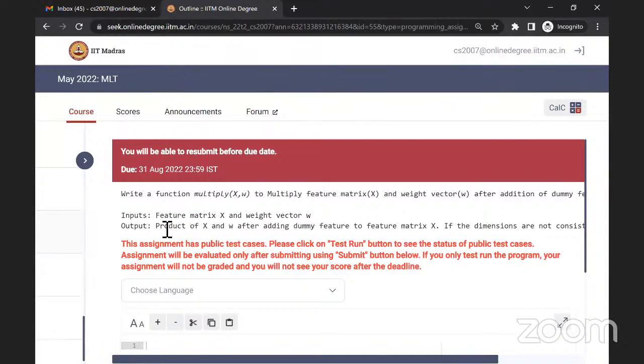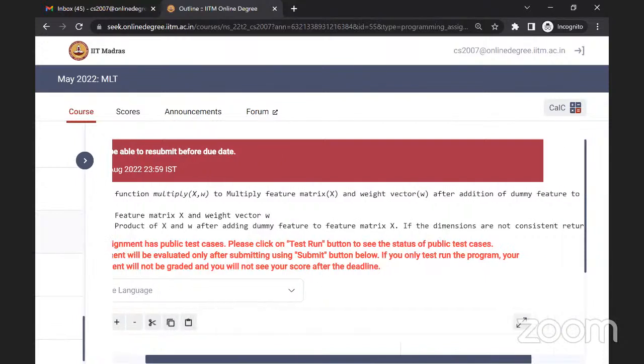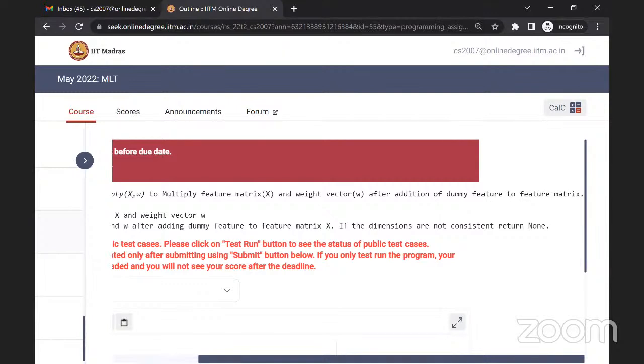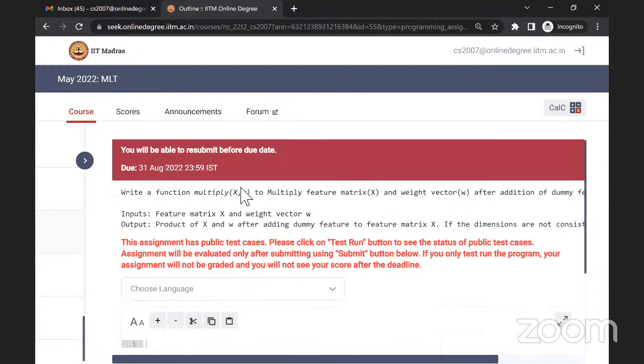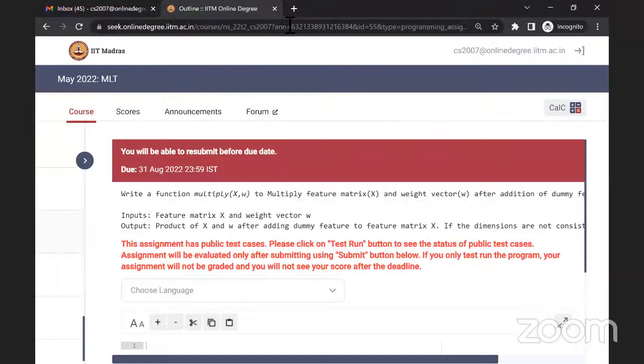The output will be the product of x and w after adding a dummy feature to feature matrix x. If the dimensions are not consistent, return none. Please type in your code and paste it in the chat box.